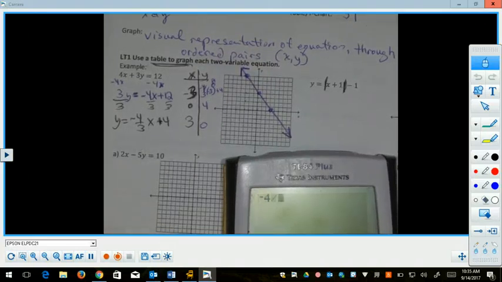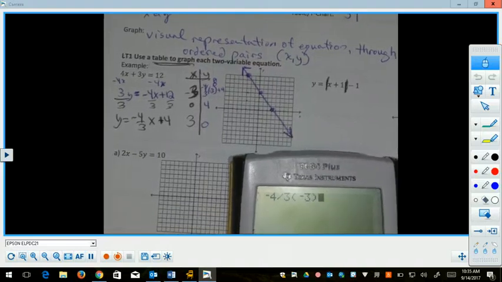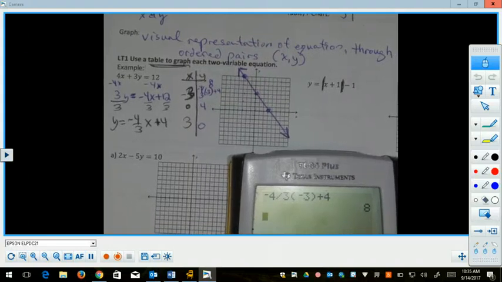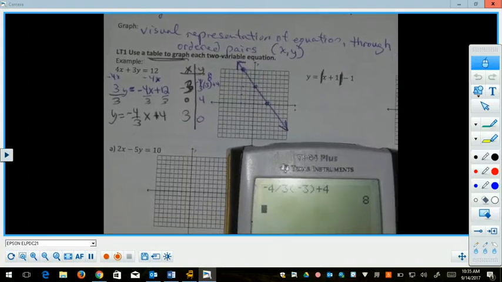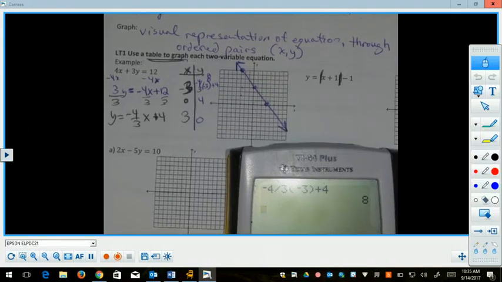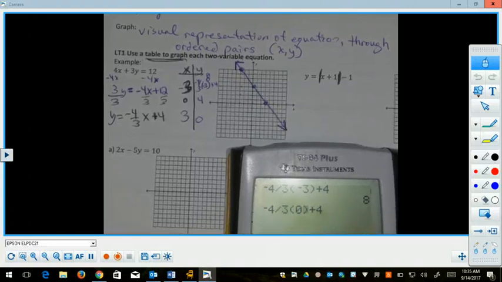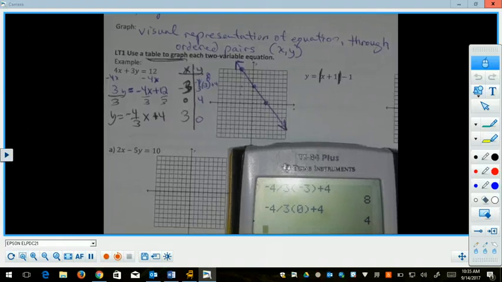So if you do negative 4 thirds, and then in parentheses your number, plus 4, it should give you the output. Now instead of having to continuously type this, in the scientific calculator you should be able to scroll up and change that number in the parentheses to whatever you want, and that way you don't have to keep typing it.